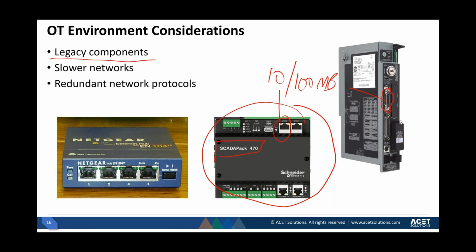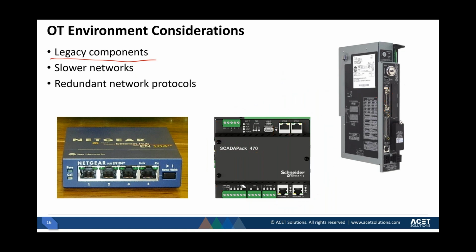Even 1 gig is too slow to everybody. So these legacy components, their ability to process traffic is limited by quite a few things, not just by the port speed, but also by how the internal firmware and the network driver can process packets, how many packets it can process at a time.